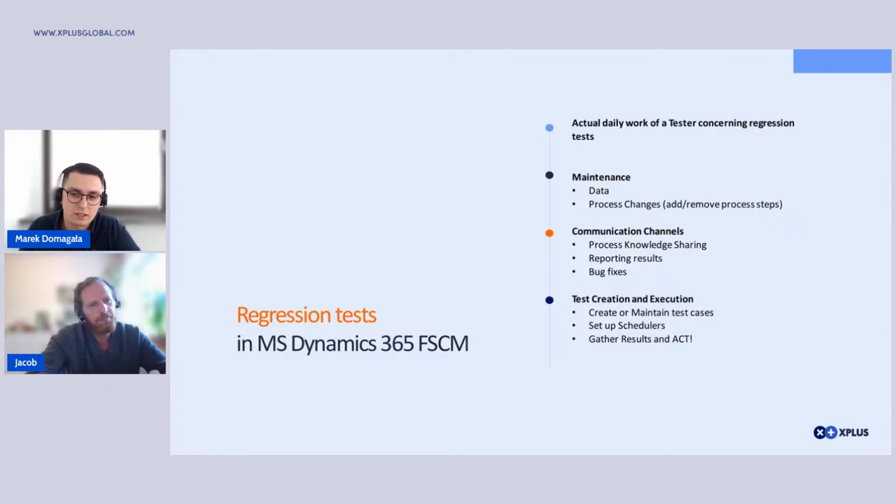But in regression, let's keep in mind the maintenance: in case of any database change in the system, we need to keep the tests updated and run them from time to time to check their stability. Because an update can be not only on the Dynamics side, it can also be an update of our tool, so we need to make sure that the XPath is correct. And even if the process wasn't changed, we need to make sure that all these tests are stable.